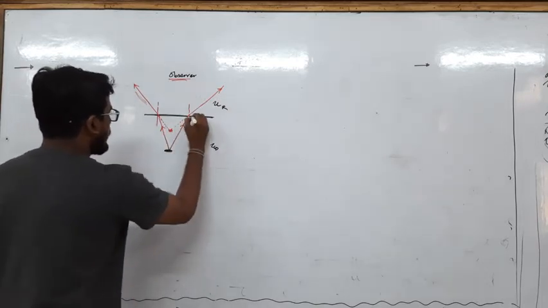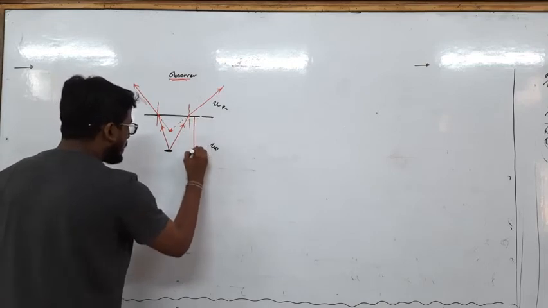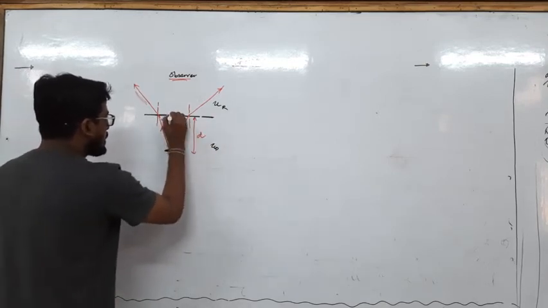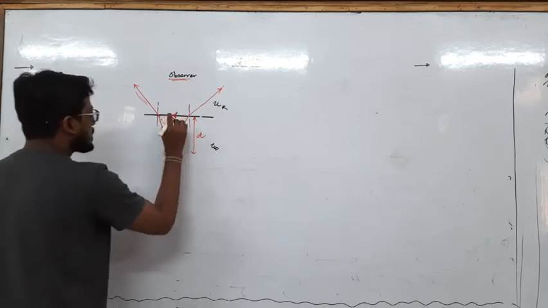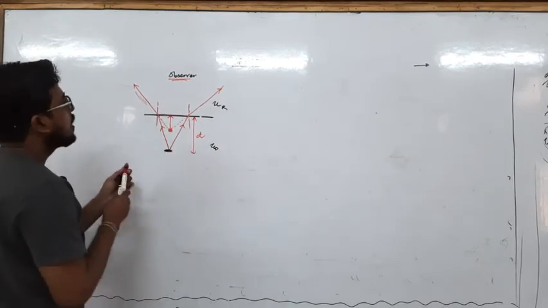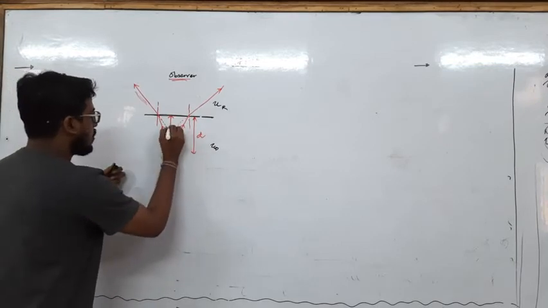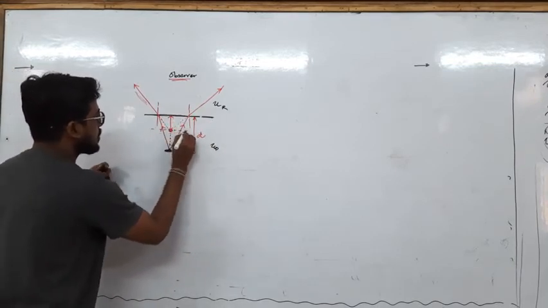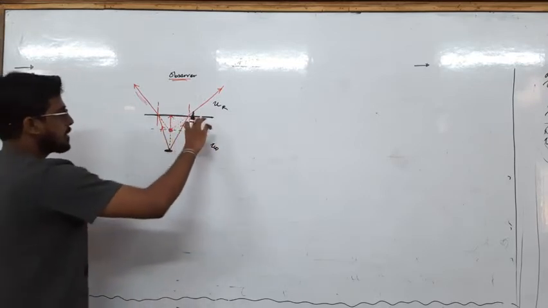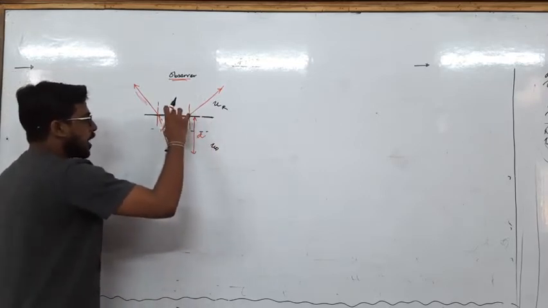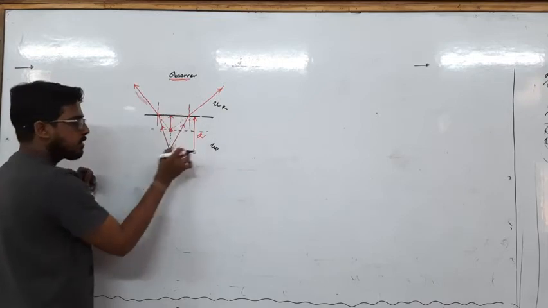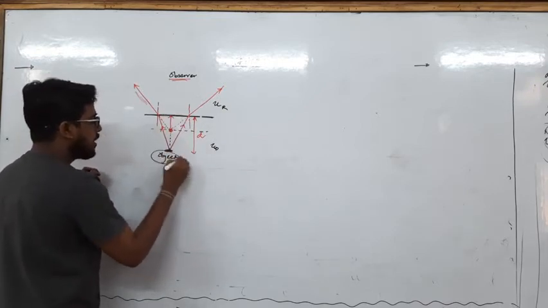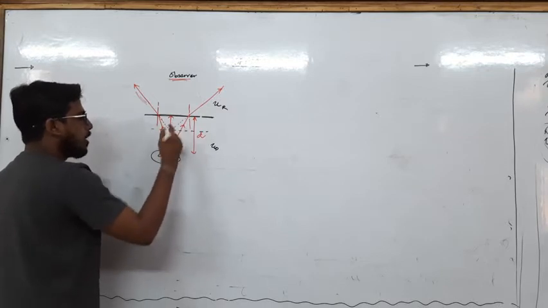Clear? So if the total depth is d, and both depths are measured from the interface, the apparent depth will decrease; the object will be observed above the actual depth.